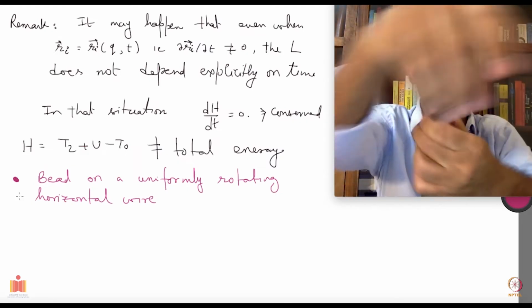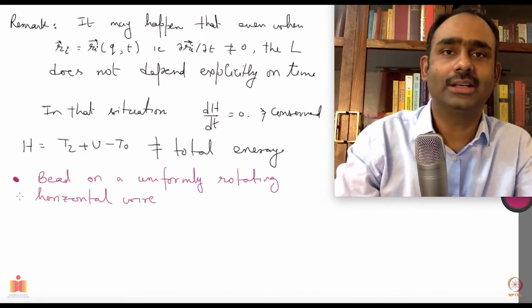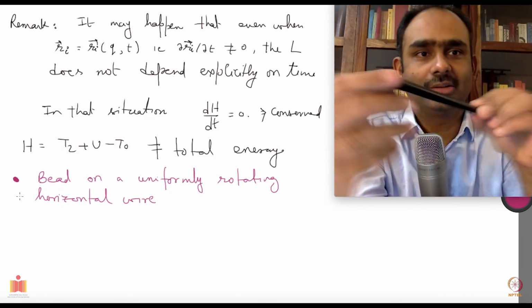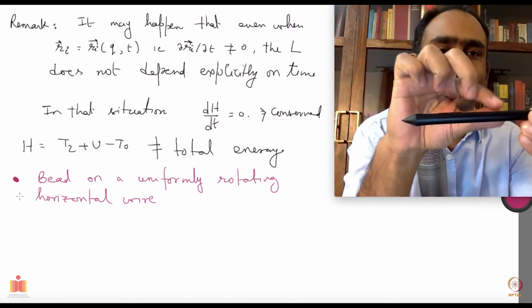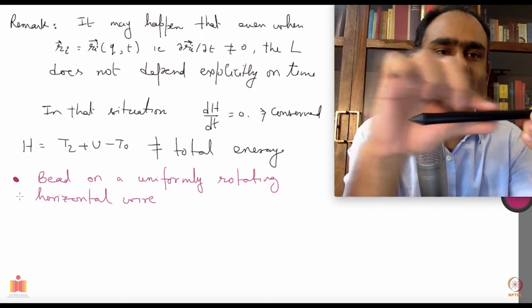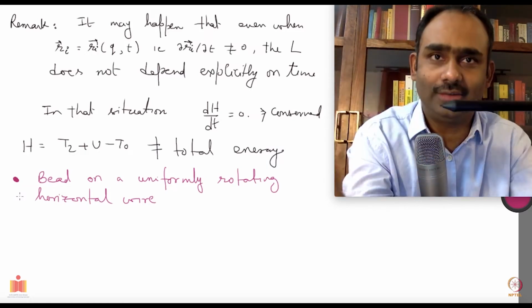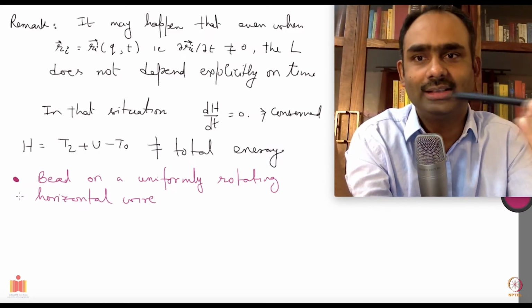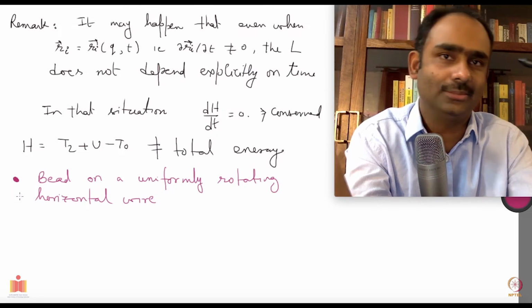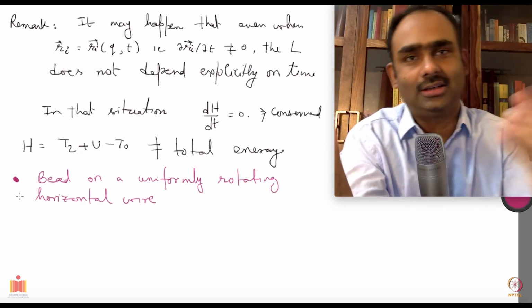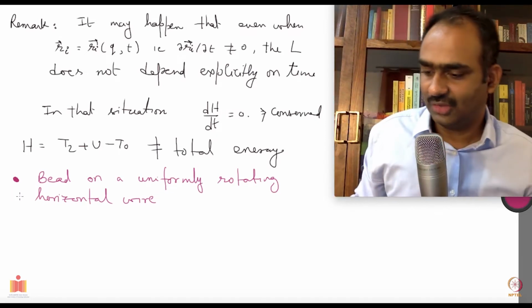Uniform means the angular velocity is not changing with time. So this is moving, and there is a bead which can slide along the wire. So what we are asking is, what happens to that bead when this thing is rotating uniformly? Okay, and the plane is horizontal.